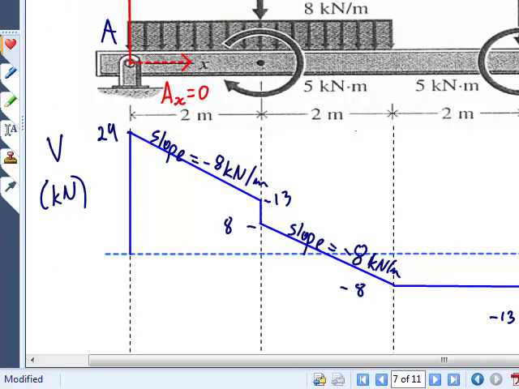All right, and there's two things that happen at B. There's a couple moment. What's the couple moment going to do? Is it going to drop or is it going to go up? It is a negative moment, but is this negative moment causing a negative bending moment or a positive bending moment? The reaction moment.